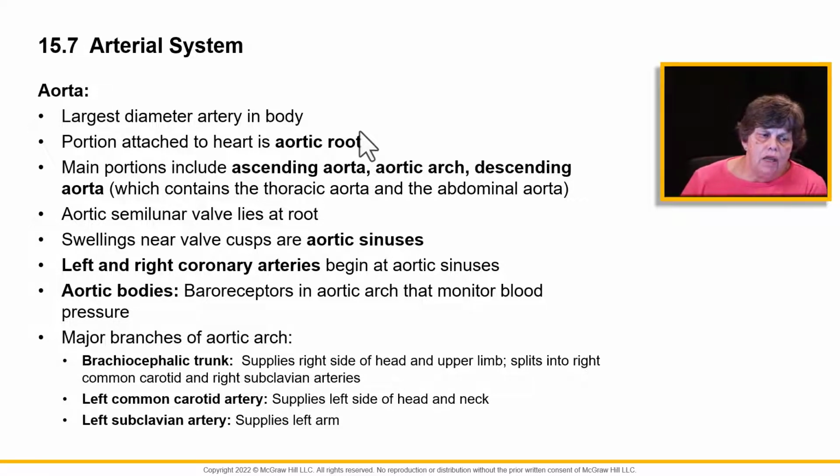Okay. The major branches off that arch, brachiocephalic trunk, which splits into the right common carotid, right subclavian, the left common carotid, and then the left subclavian. So you got left common carotid, left subclavian, and the brachiocephalic trunk does the right common carotid, the right subclavian.